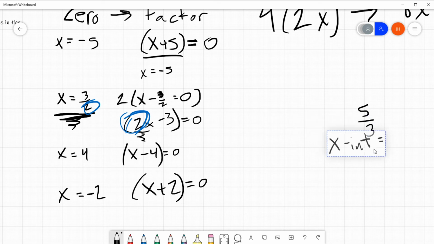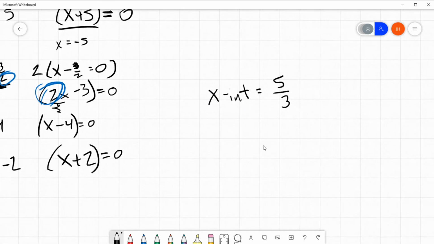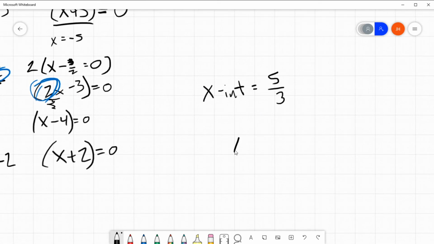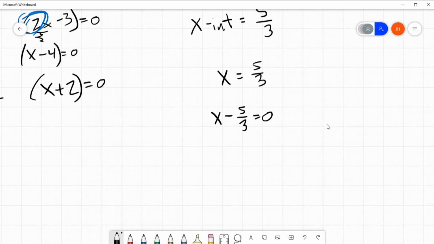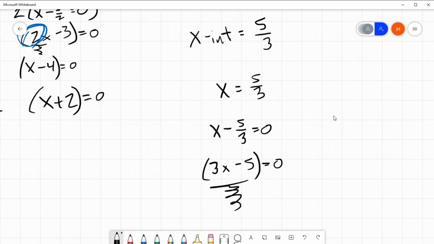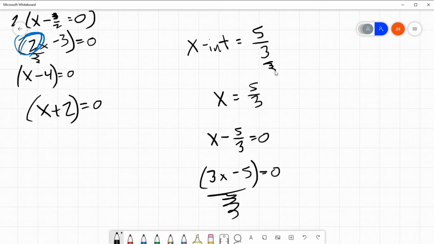Then I would know that x equals 5/3. In order to get that equal to 0, I would subtract 5/3 over, so x minus 5/3 equals 0. And if I wanted to get rid of the fraction, I would multiply everything by 3, so I would get 3x minus 5 equals 0. A factor of 3x minus 5 is going to give me that x-intercept of 5/3.